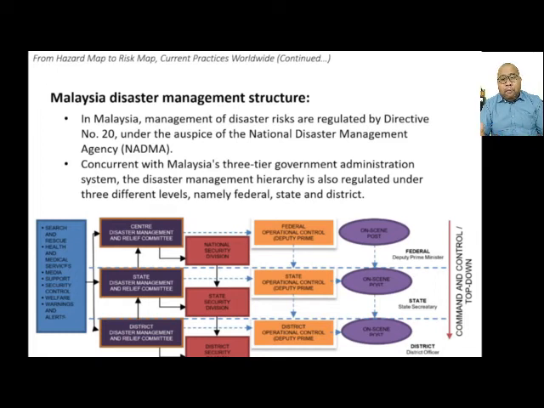And then NADMA kata kami tiada kuasa. Lepas tu NADMA kata JPS salah. Lepas tu JPS kata kami bukan tengok pada risk, kami just bina infrastruktur. Ini salah yang ni, ini salah yang ni. At the end, nobody wants to take this responsibility. So this happens in Malaysia.